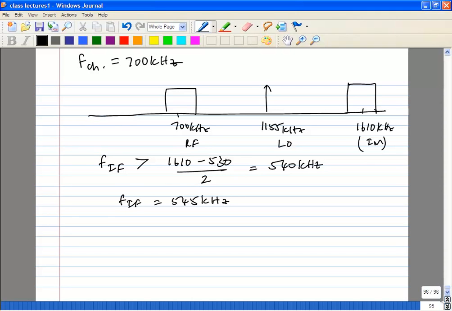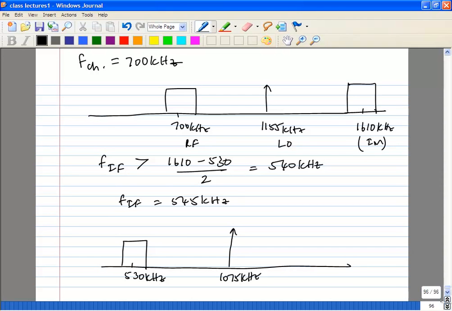So what happens? So let's say again, let's look at your 530 kilohertz. What is your FLO now? 545 plus 530, is it? So 1075, right?